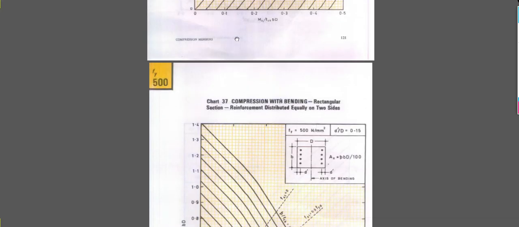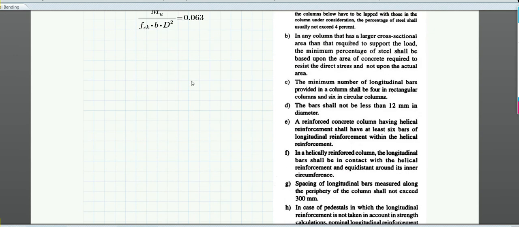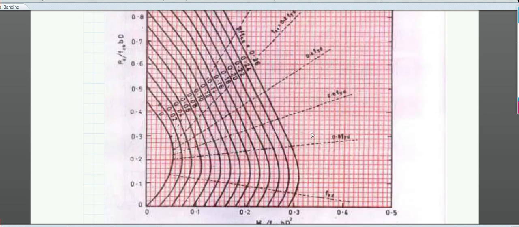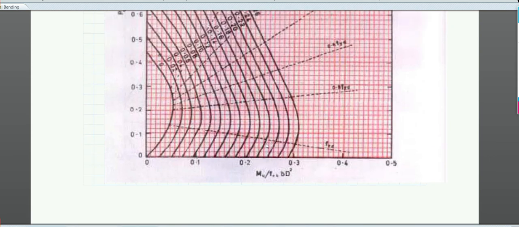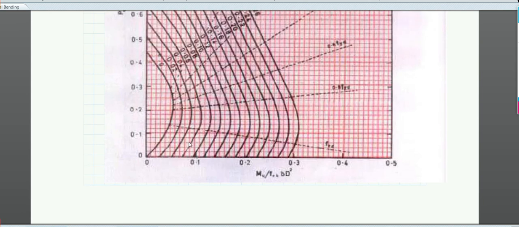Now as we have d dash by d equal to 0.2, we will go for chart number 34, where d dash by d is equal to 0.2 and fy is 415, right? And we have chosen to distribute on the two sides itself. Then for different Mu by fck bd square and Pu by fck bd values, we can find out the value of percentage of steel, right?